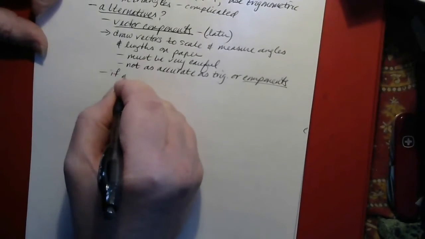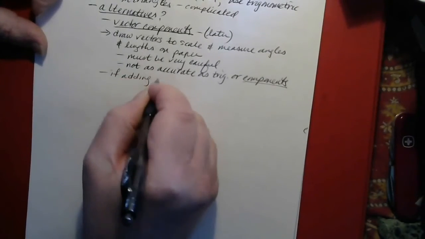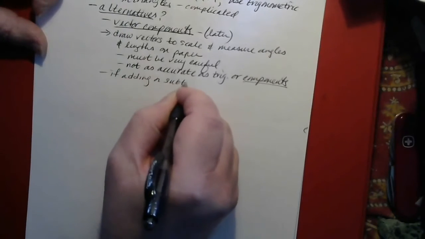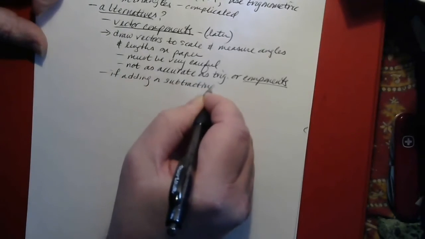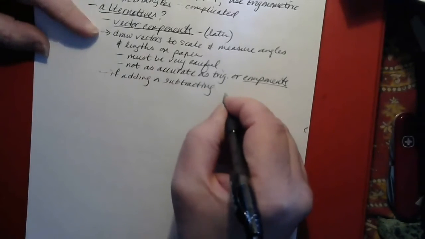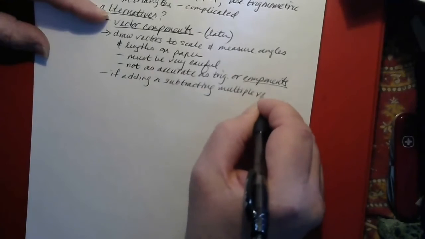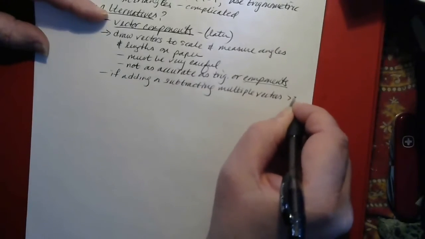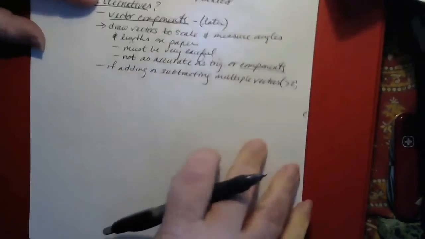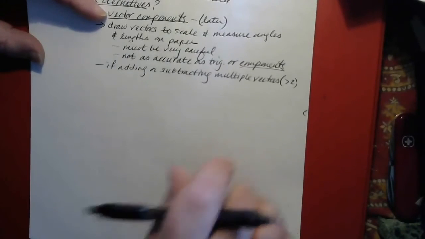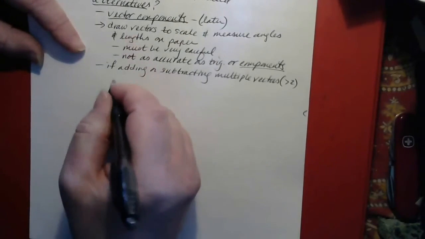If you're adding or subtracting multiple vectors, and by multiple I just mean more than two, then what you can do is repeat the parallelogram rule over and over again.